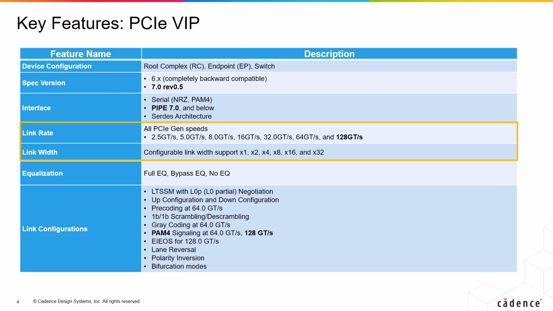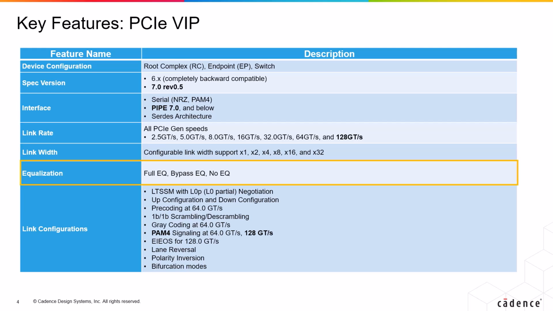All PCIe Gen speeds are also supported, which are 2.5, 5, 8, 16, 32, 64, and 128 GT/s transfer per second. Configurable link widths supported are 1, 2, 4, 8, 16, and 32. It has precise control over equalization and can configure VIP in full equalization, bypass equalization, and no equalization mode.